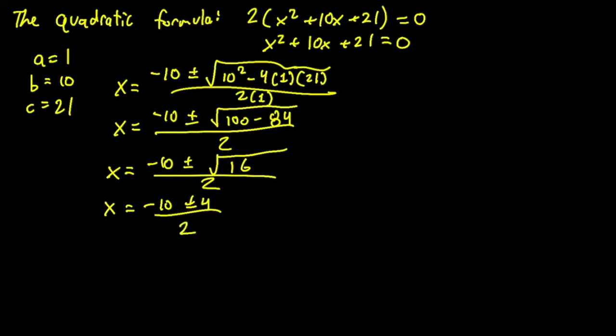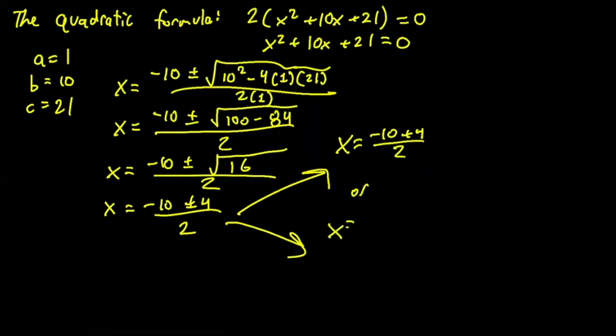And then finally, we'll split it up into our two situations, or two signs. x = (-10 + 4)/2, or x = (-10 - 4)/2.